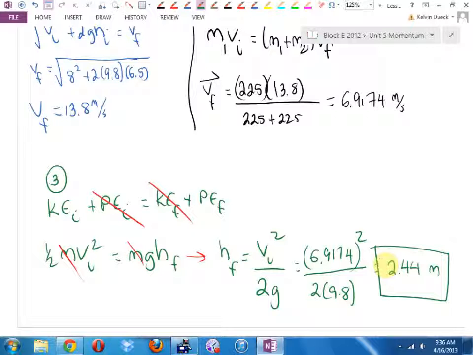Or the roller coaster colliding and how high up the hill they go. But I don't think I'll give you in Physics 11 top of the hill, bottom, then top of the hill again. Okay? But there are some examples of questions that combine both energy and momentum. I think you can do some neat applications.